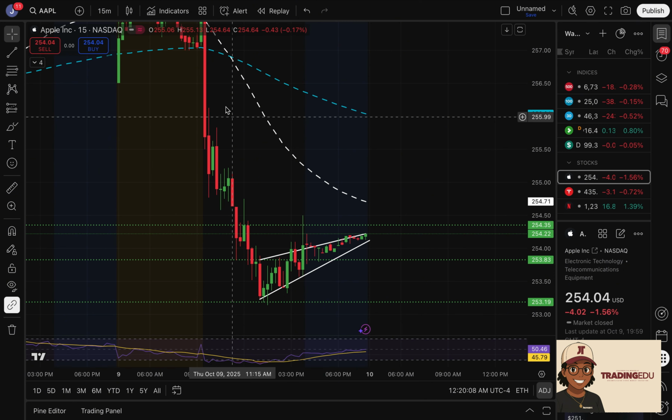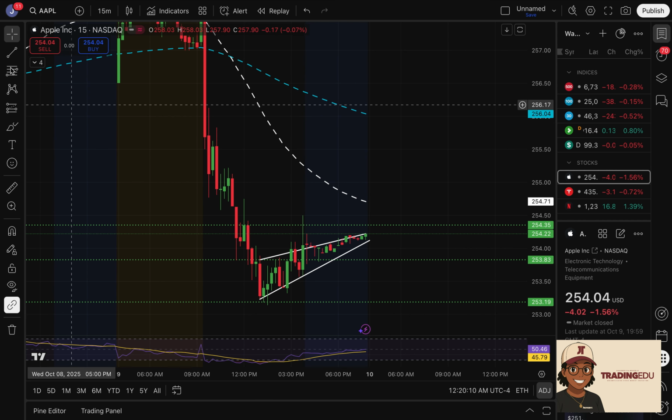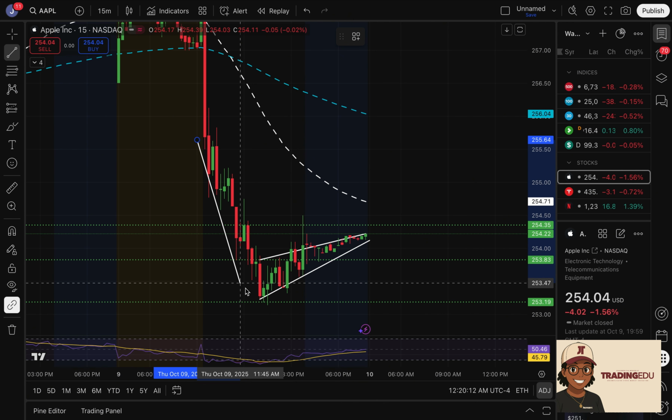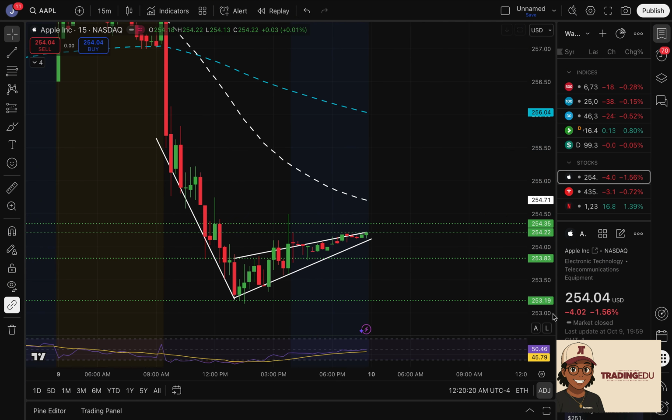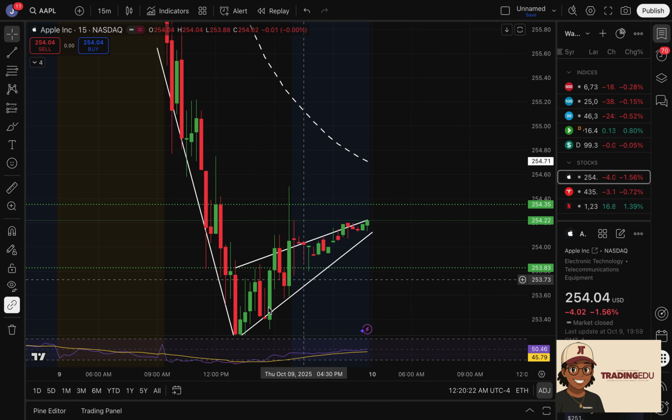Okay, so if this is coming down, we have this long downtrend here. And then we have this here. Now, when the stock begins to wedge, the candles are getting smaller and smaller. It's a little small here. You got some wicks, and it's pretty much moving sideways, consolidating, and blowing off steam.